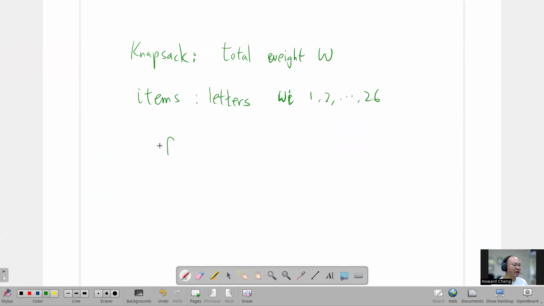So my question is F of K, T, well, I guess I used the same letters from before. Is it possible to form total weight T using K letters?